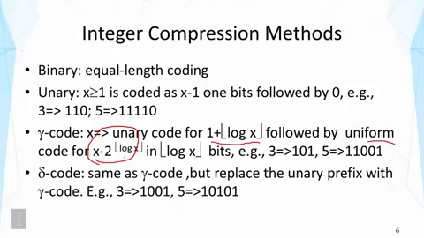So the unary code basically codes the floor of log of x, well, add 1 there, like here. But the remaining part will be using uniform code to actually code the difference between x and 2 to the log of x.